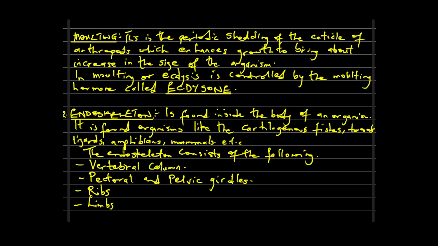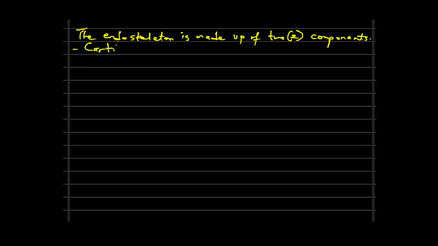The endoskeleton is made up of two components. We have the first one to be the cartilage or cartilages, and the second to be the bones.